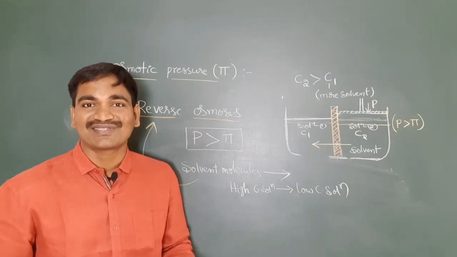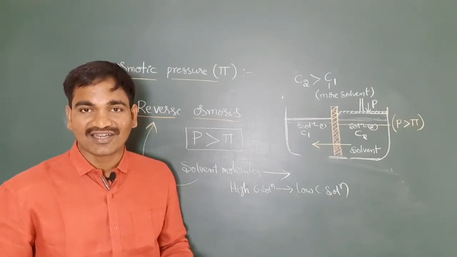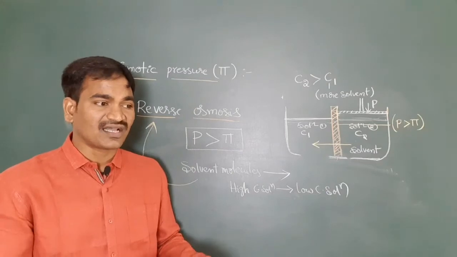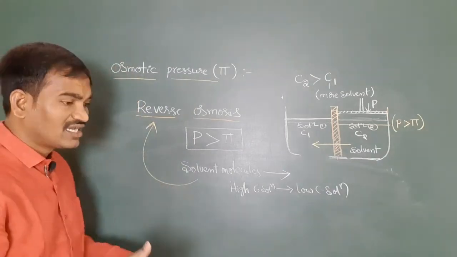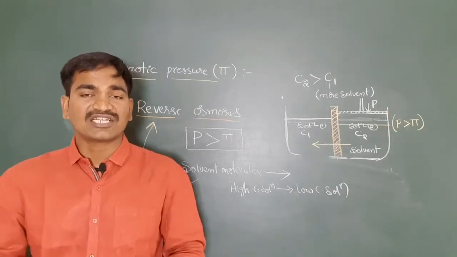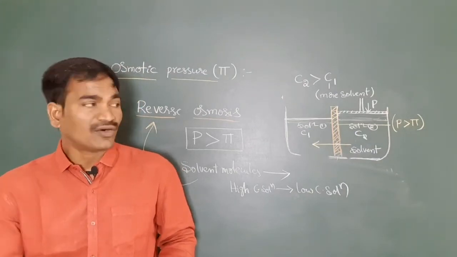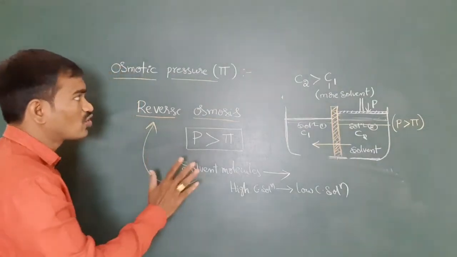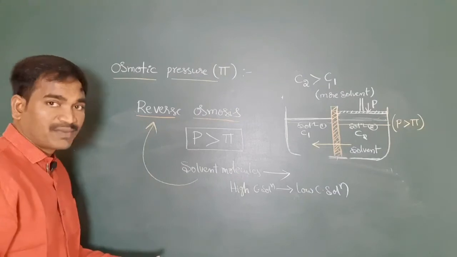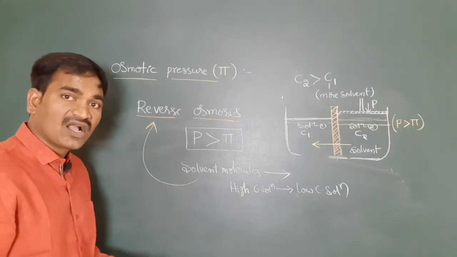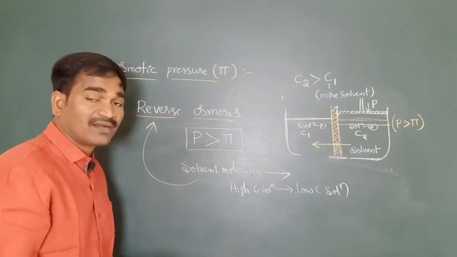There also osmosis is taking place. Have you got it or not? So the osmosis process is taking place in our daily life also. That's what we have to discuss. Up to here, this is the whole concept of osmotic pressure, reverse osmosis, and the semi-permeable membrane.